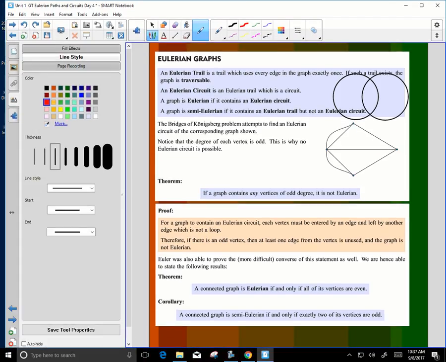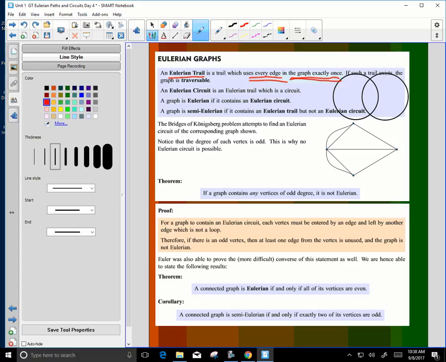And then we get to something a little fancier. This is an Eulerian trail. Now, it's a trail which uses every edge in the graph once. So this is where we get something that's kind of applicable. Every edge exactly once. That's what we were trying to do before. Eulerian trail. You're trying to hit every edge exactly once.